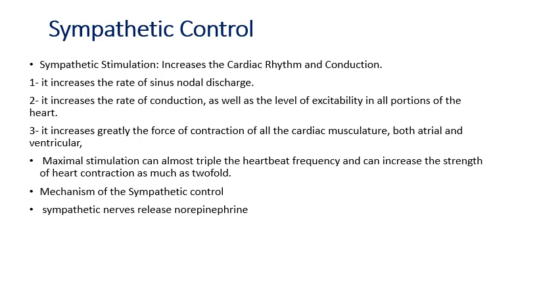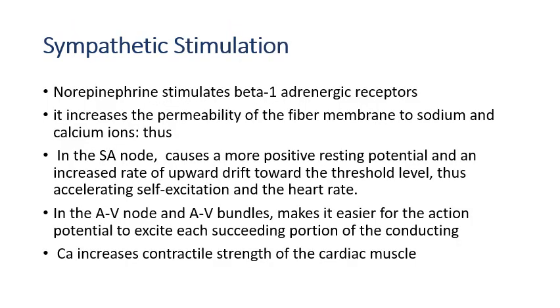The mechanism of the sympathetic control, as we said before: the neurotransmitter released is norepinephrine, and norepinephrine stimulates the beta-1 adrenergic receptors that are distributed in the heart muscles, as well as in the cardiac muscle fibers, in the nodes, and in the conductive system.